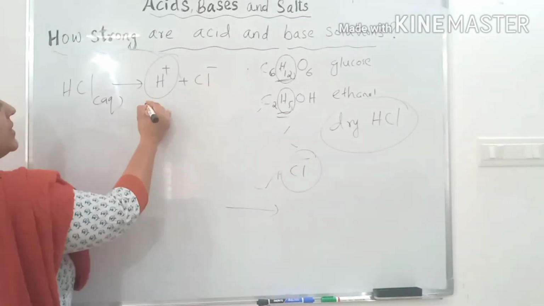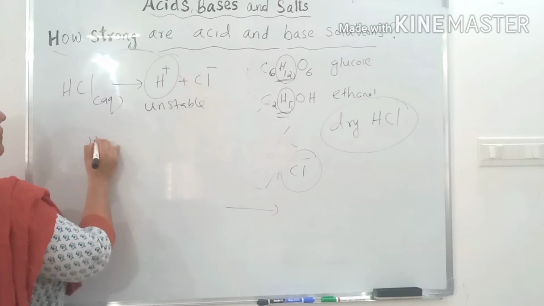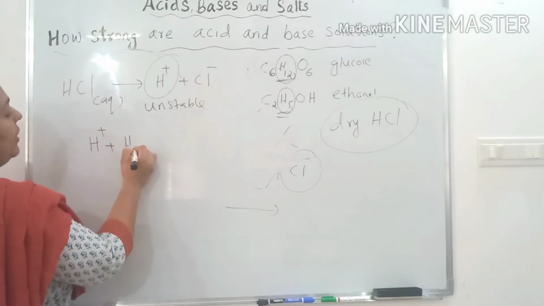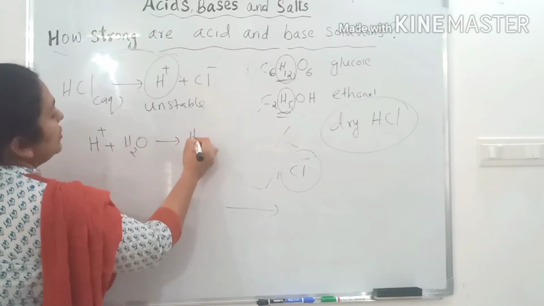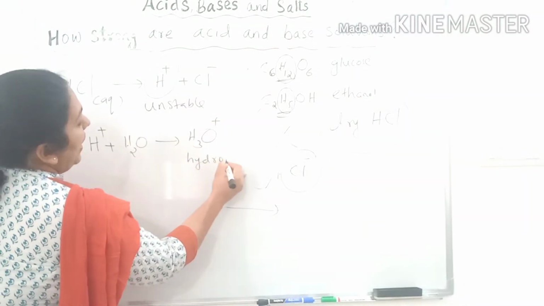These H plus ions are highly unstable, therefore they will combine with one water molecule to produce hydronium ions.